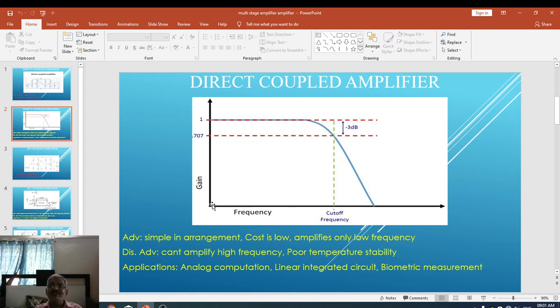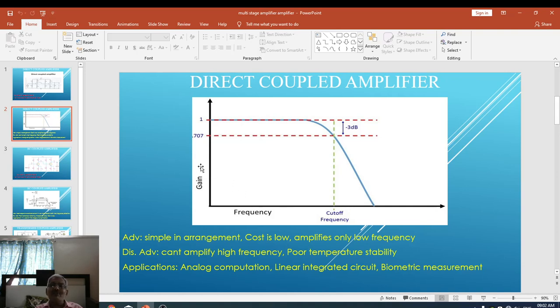From zero frequency up to the upper cutoff frequency, you get the bandwidth. Means within this particular band, whatever frequencies are provided in the input, all of those get amplified. After that, no amplification. Almost all high frequency signals get attenuated. So this is the speciality of the direct coupled amplifier.